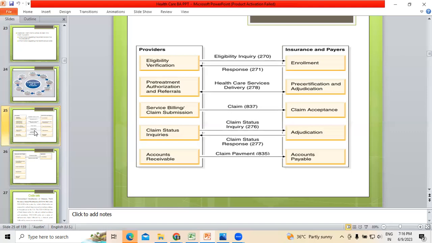Claim payment comes under 835. Understood? So these are the major ones.